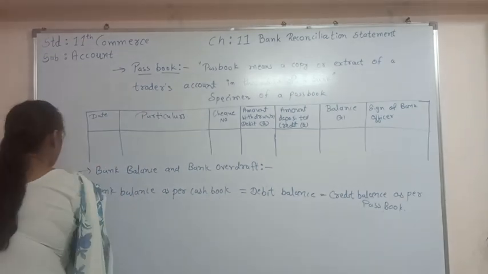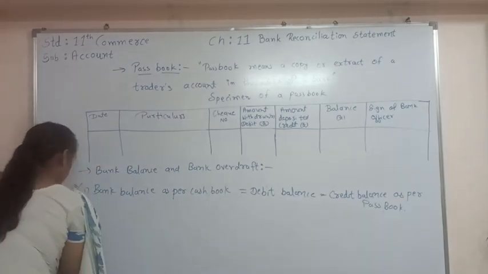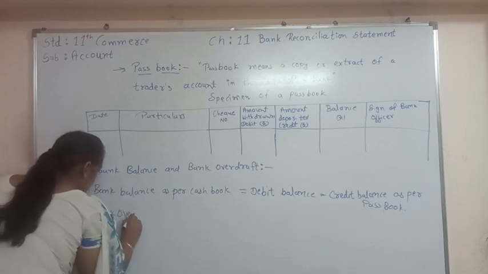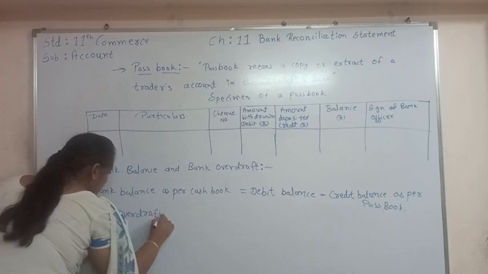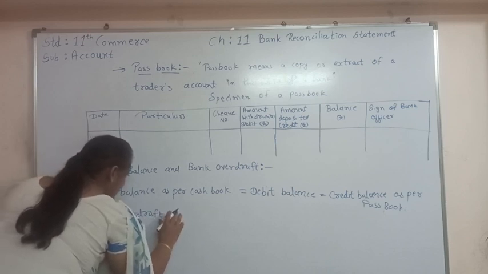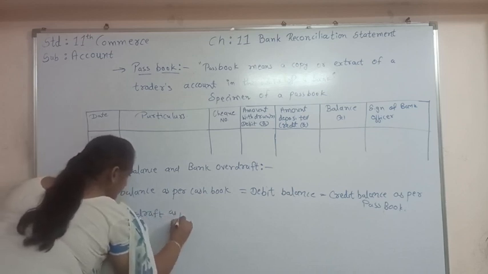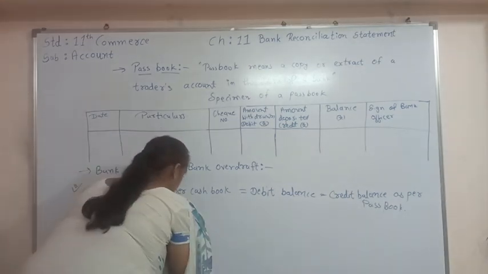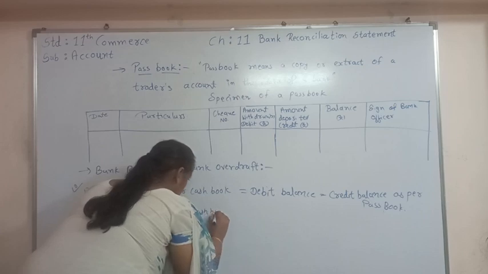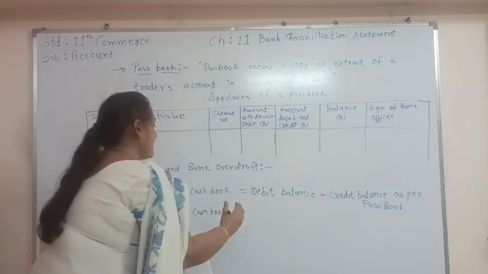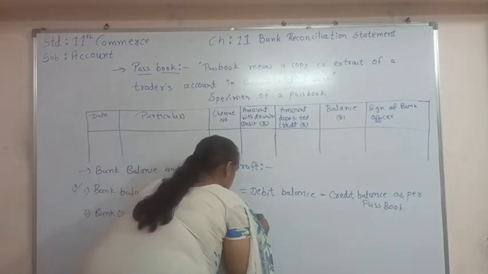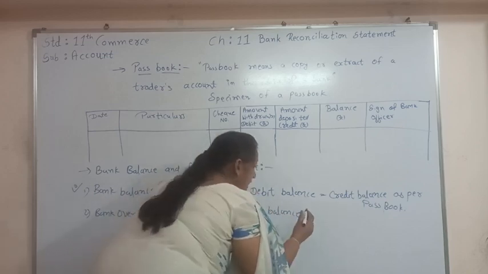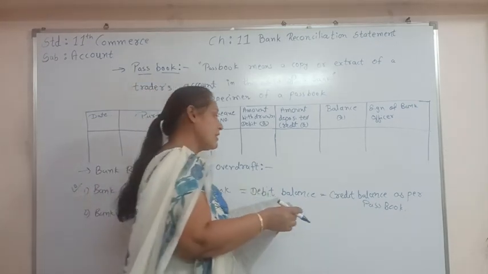Again, the second thing that we have to understand is bank overdraft, as per cash book, and it has a credit balance, and the same has a debit balance as per passbook.